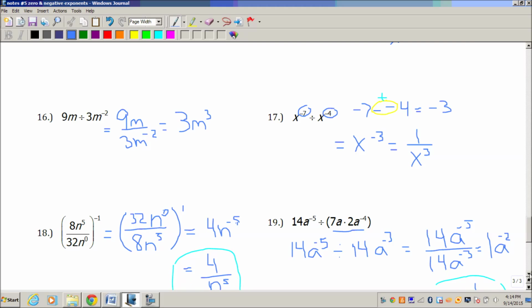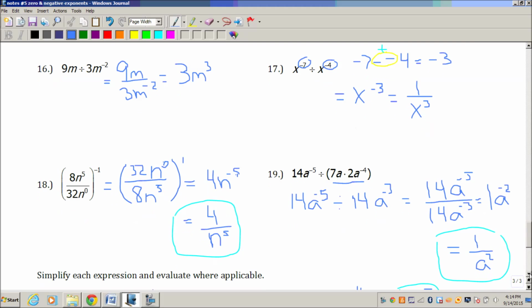Questions 18 and 19 involved a couple more steps. In number 18, inside the parentheses is my base, and I'm raising all of this to the negative 1 power. So what I did is I took the reciprocal of the base first, and once you take the reciprocal of the base, your exponent becomes positive 1. Instead of negative 1, it's positive 1, because I already flipped the base. And then I simplify the numerator.